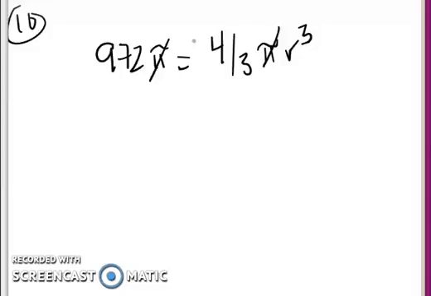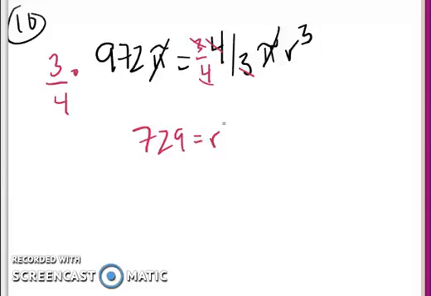To get rid of 4/3, I actually have to multiply by the reciprocal, and that would cancel that out. Multiply this by the reciprocal. I like to multiply 972 by 3 first, and then divide it by 4. And so that gives me 729 equals r cubed. Take the cube root, got to find that in your calculator, and you get 9 equals r.